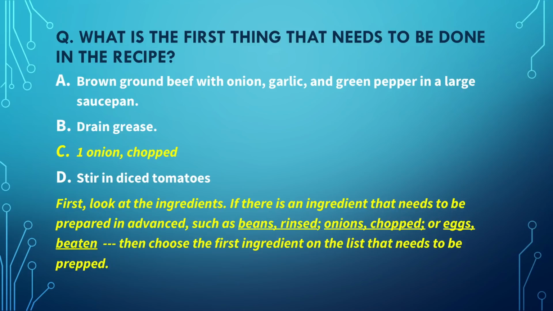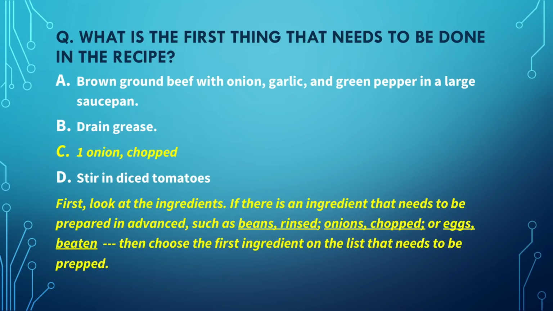When you are asked what is the first thing that needs to be done in the recipe, first look at the ingredients. If there is an ingredient that needs to be prepared in advance, such as beans rinsed, onions chopped, or eggs beaten, then choose the first ingredient on the list that needs to be prepped.